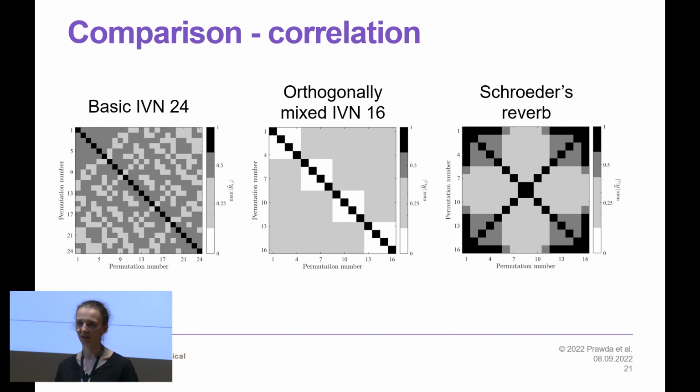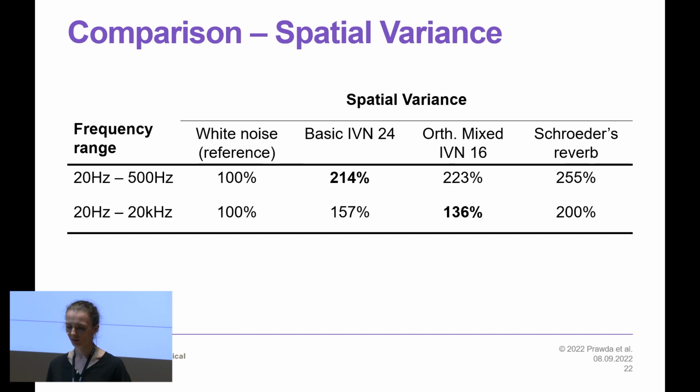We don't have so many of these highly correlated channels, which means that definitely the comb filtering effect using our methods is way less pronounced. And also in terms of spatial variance, we compared the three methods to white noise, since white noise should be quite spatially invariant.